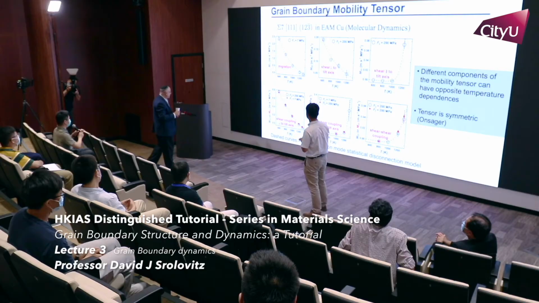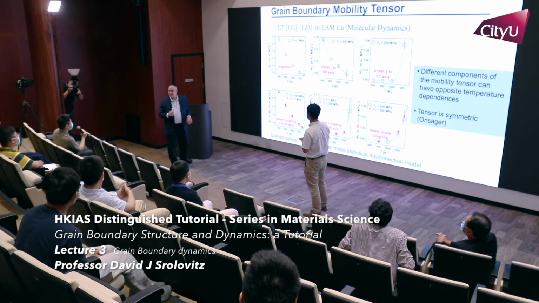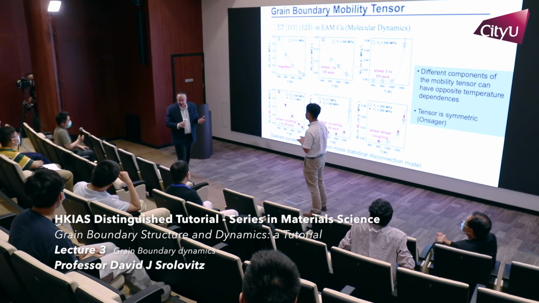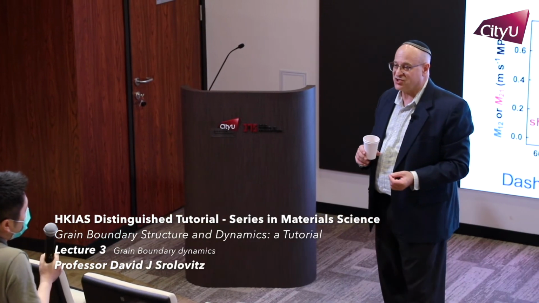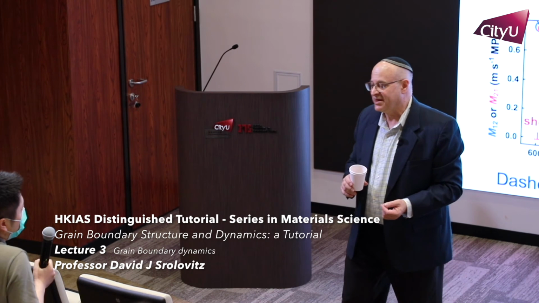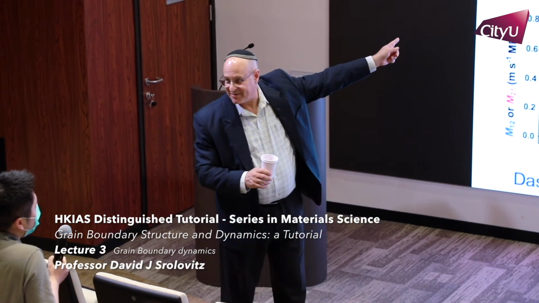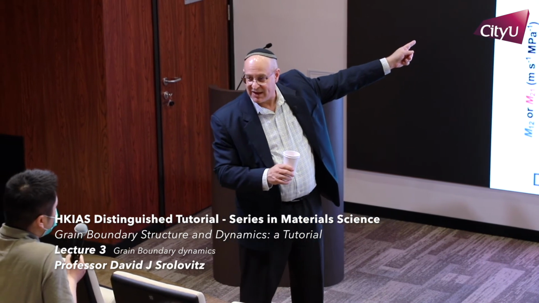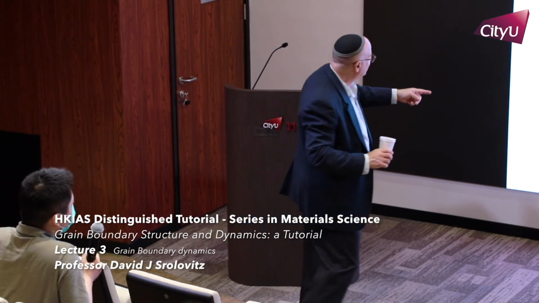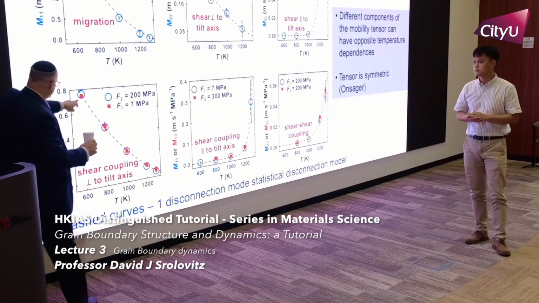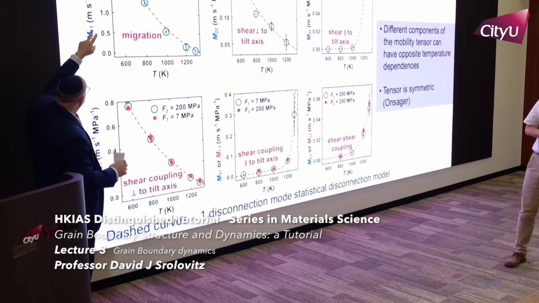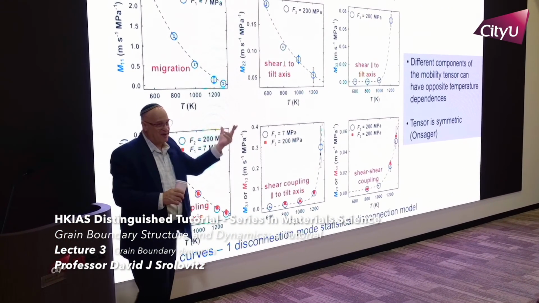Well, yes and no. If you're trying to understand why stress drives the grain boundary, like some of the experiments I showed you, that won't tell you anything about that. It may be the largest, but reality is this is 0.8, that's 2 point something, it's a factor of 3 bigger.